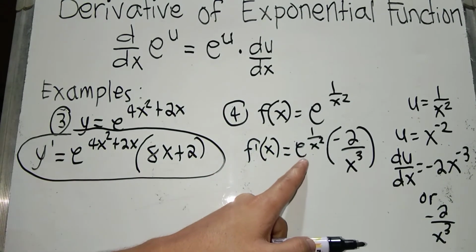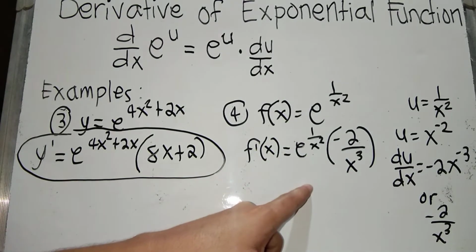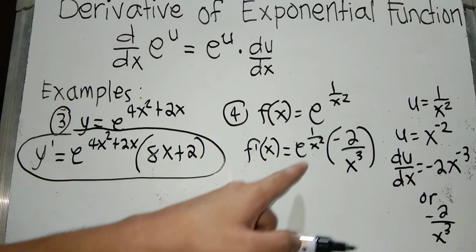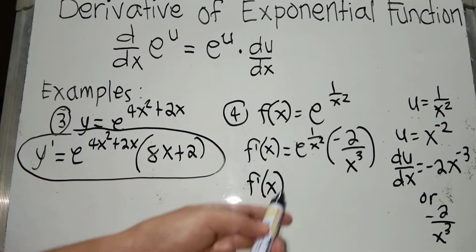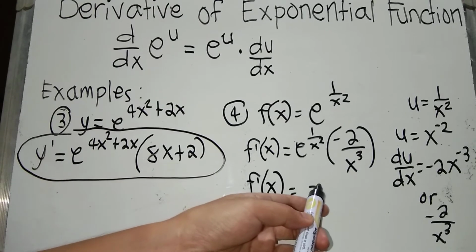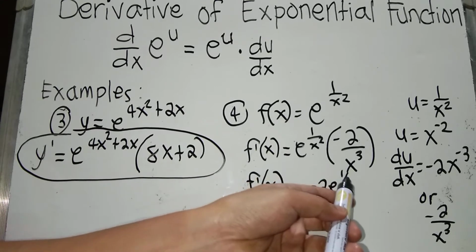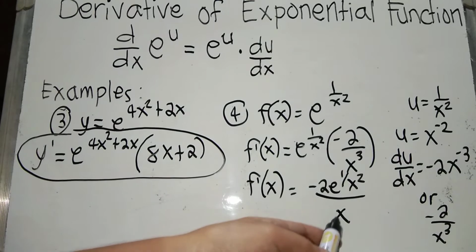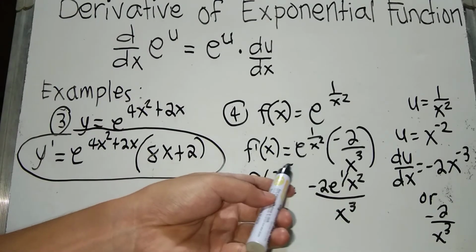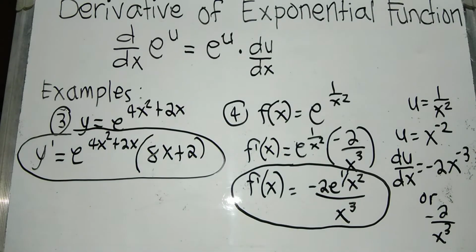This is understandable that our e raised to the power of 1 over x squared has a denominator of 1. So you can multiply both numerator and denominator. So we have here f prime of x is now equal to negative 2 e raised to the power of 1 over x squared all over x cubed. This is now your derivative.